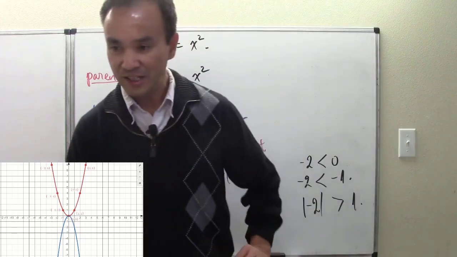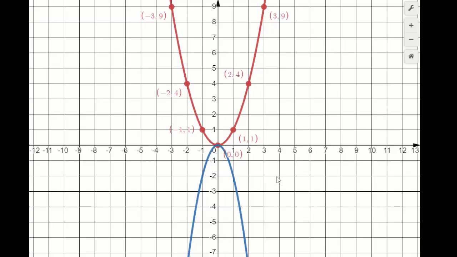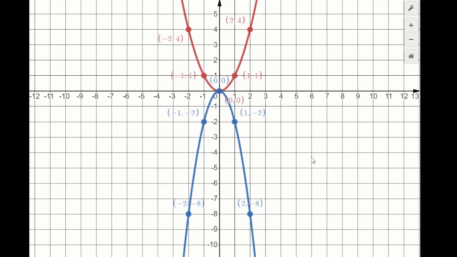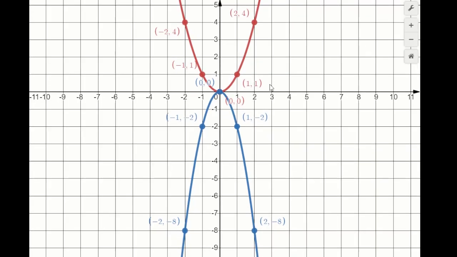All right, so now let's look back at the graph in full screen view, and this is what I'm trying to explain right here. Let me put in the guiding points. Let's focus on these points right here. The parent function is still here, and let's focus on the same x grid lines.